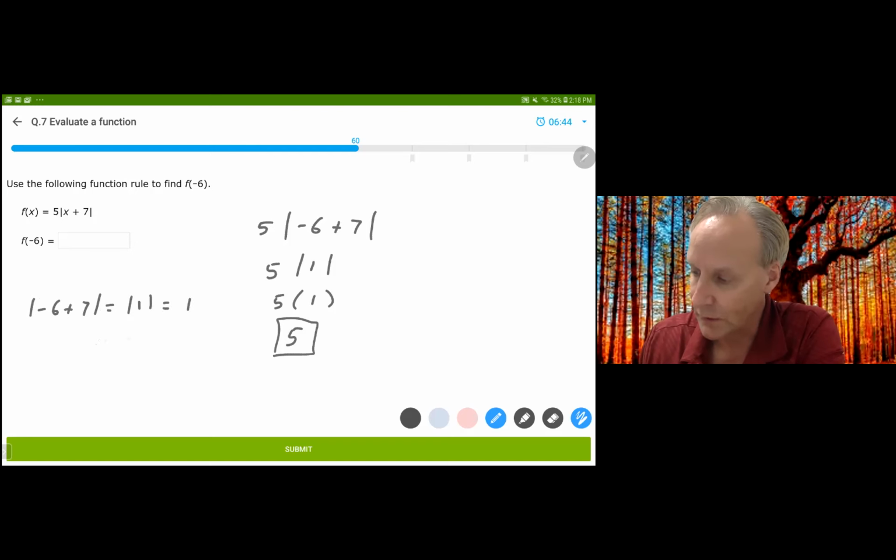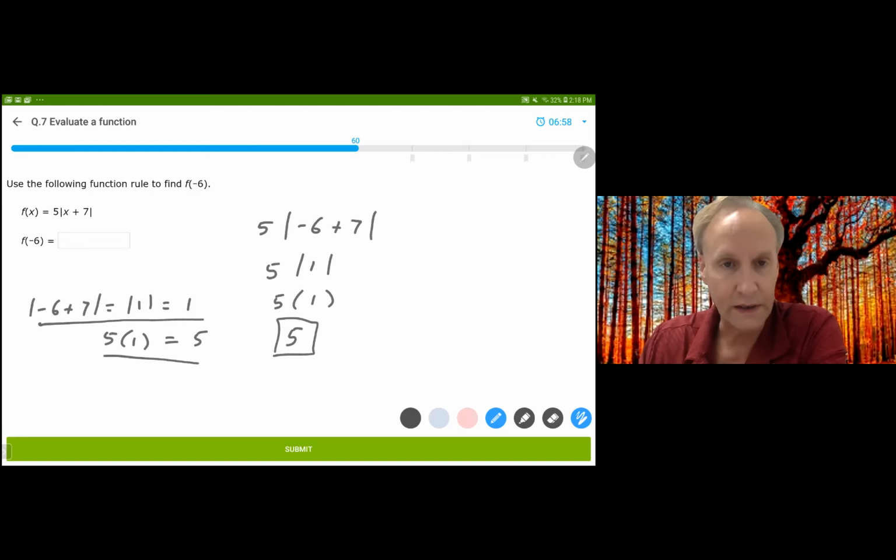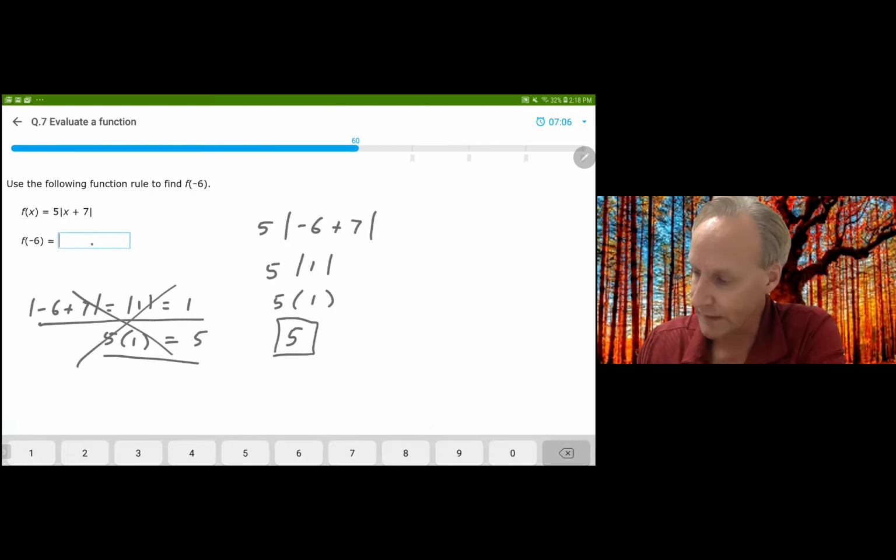And then they'll say, oh, but that's 5 times 1, which is equal to 5. Well, okay, this is true and this is true, but it doesn't lead from what I did. So it's really a bad habit to get into, and it can lead to some other really bad errors. So this is 5.